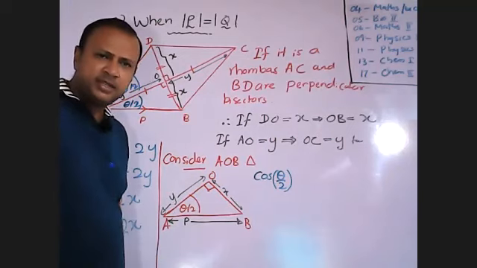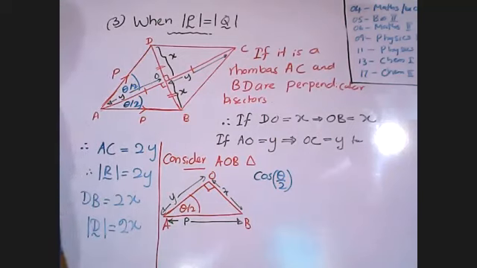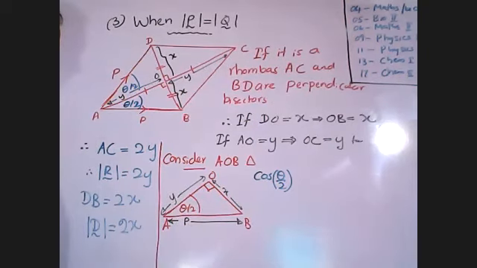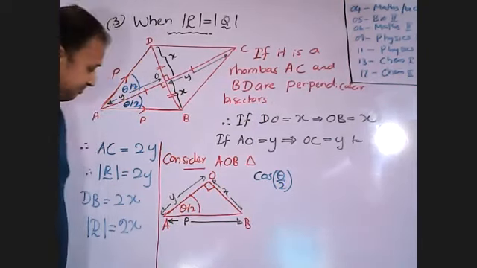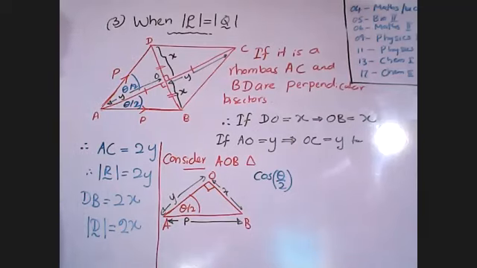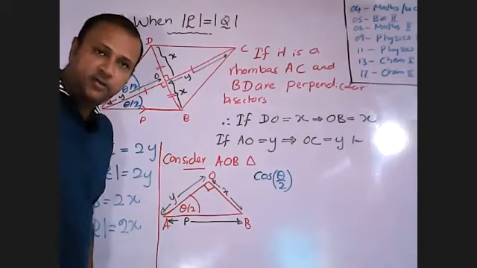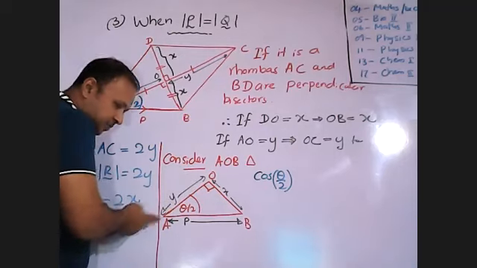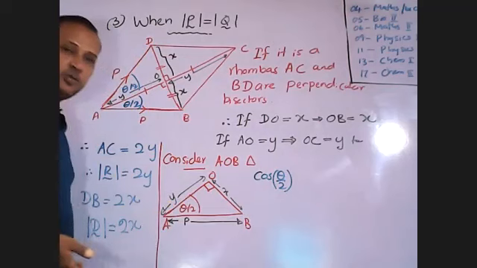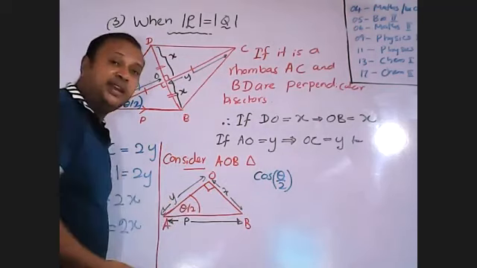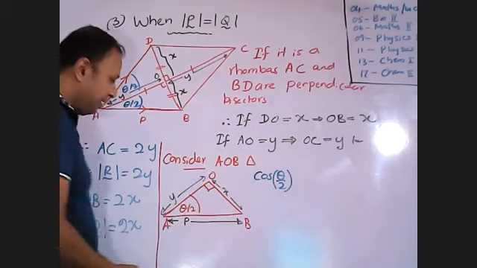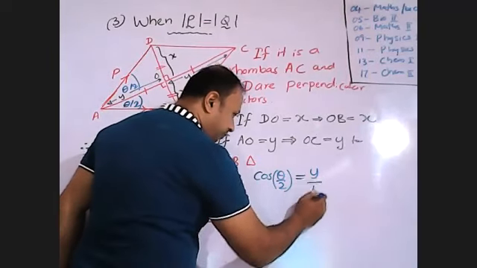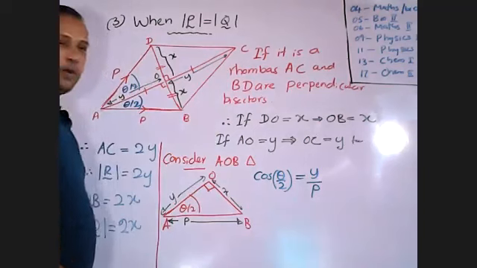P. Very good, because it is the opposite side to the 90 degree angle. The adjacent side is Y. Therefore, if I write an expression for cos theta over 2, it is equal to Y over P.